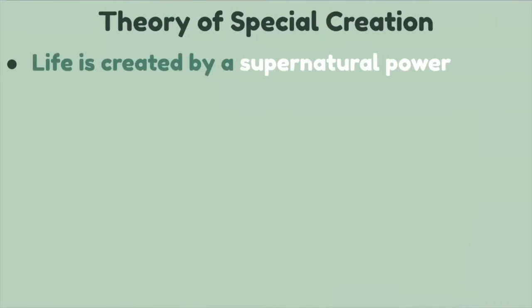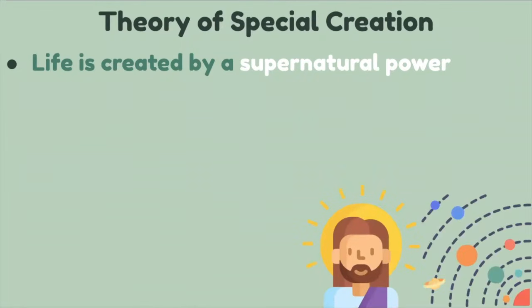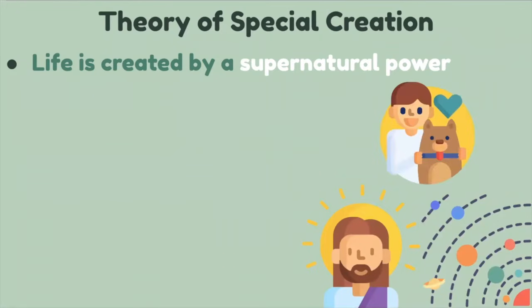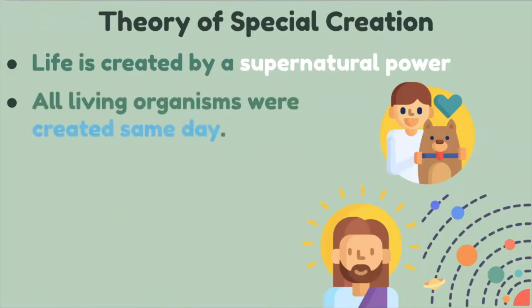It proposed that life on Earth was created by a supernatural power, meaning God. According to the Christian belief, God created the universe, planet, animal, plant, and human in 6 natural days. Similar beliefs are also proposed by other religions. Number one, all living organisms were created on the same day.